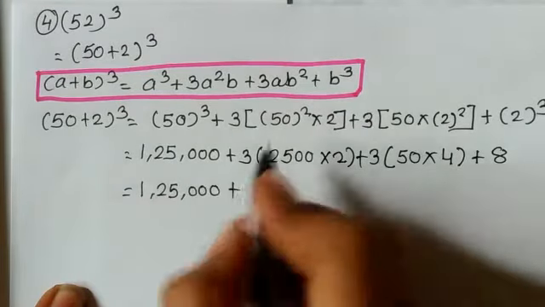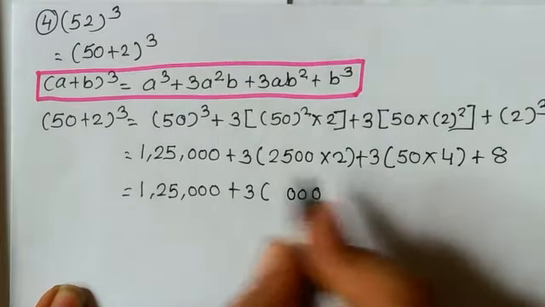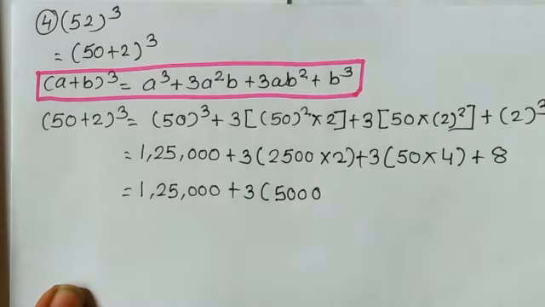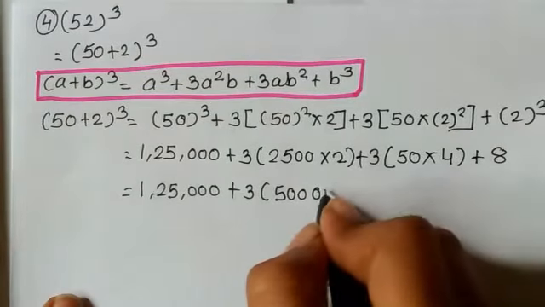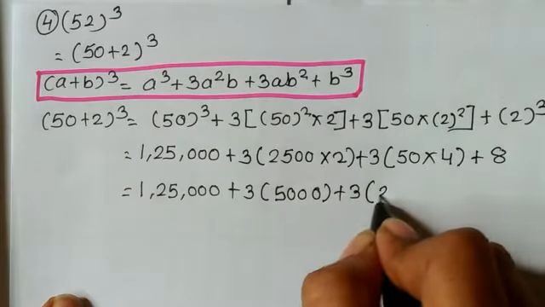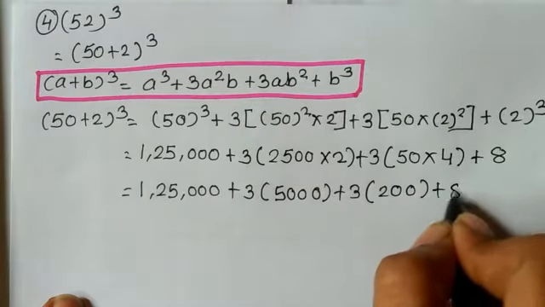plus 3 into bracket 200. 2 5s are 10, 0 will be there, 1 in the mind, 2 2s are 4 plus 1, 5. So 5,000 will be in the bracket, plus 3 into bracket 5 4s are 20, 0 will be as it is, plus 8.